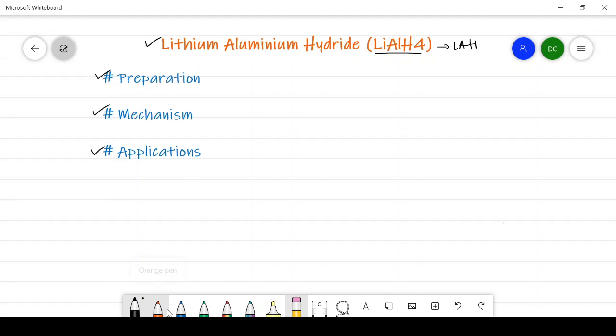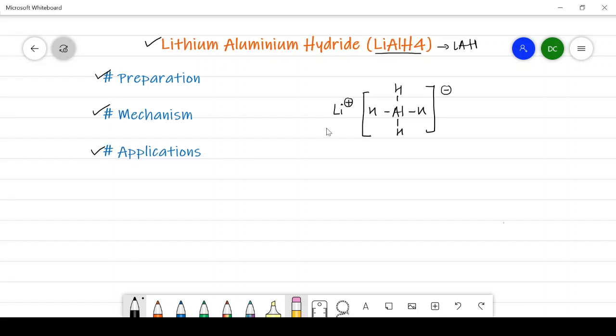Before starting with the actual preparation of lithium aluminum hydride, we should know its structure. It has a lithium ion, and aluminum as a central atom attached to four hydrogens having a negative charge.